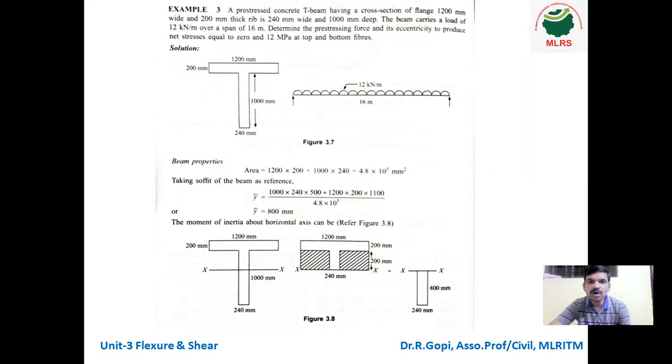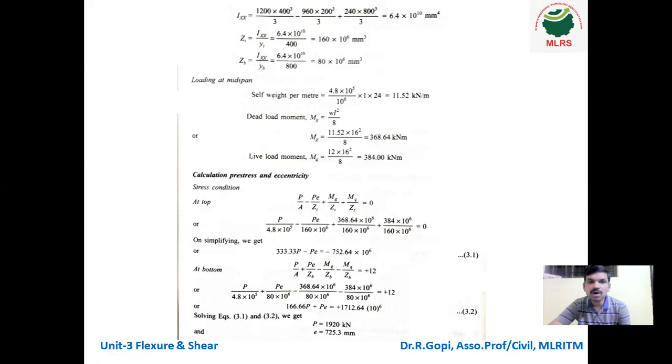From the centroid distance, calculate the moment of inertia. Then calculate ZT and ZB. Then the self weight of the beam, dead load moment, live load moment. These are all the common things. Then apply the stress condition formula at top and bottom, based on the stress values, and find out P and E. That's all. I hope all of you understand these problems. A similar problem we will see in the next class.